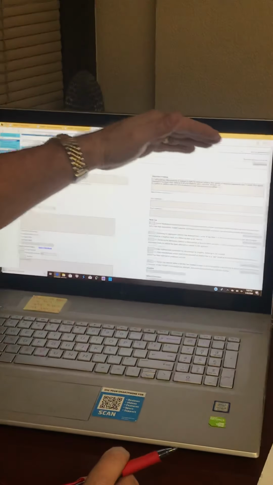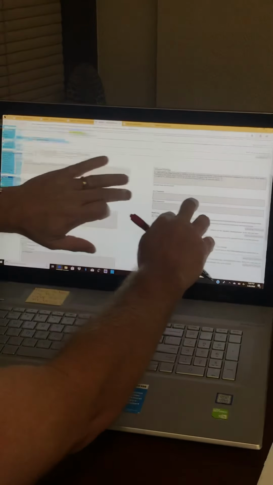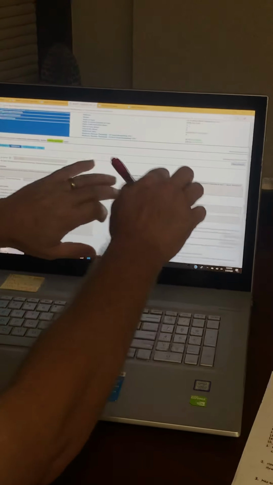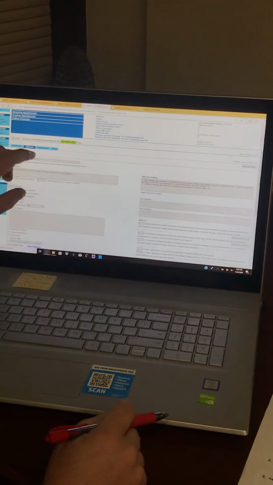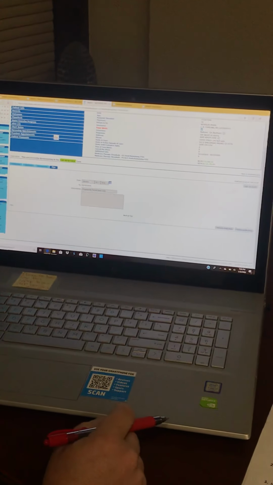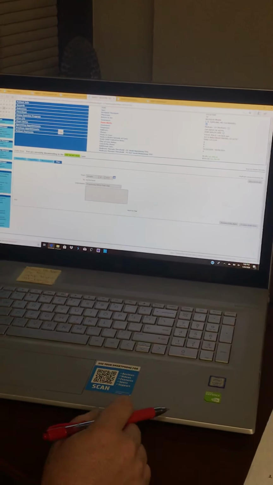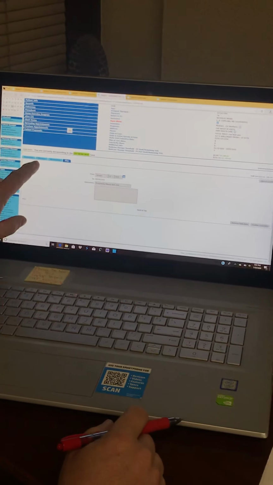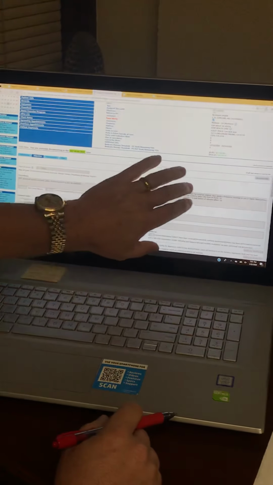So it would show up somewhere in that plan of care that you established the first day. We might even refer to that plan, but that's not really the way that we chart. So again, it should be somewhere in here.